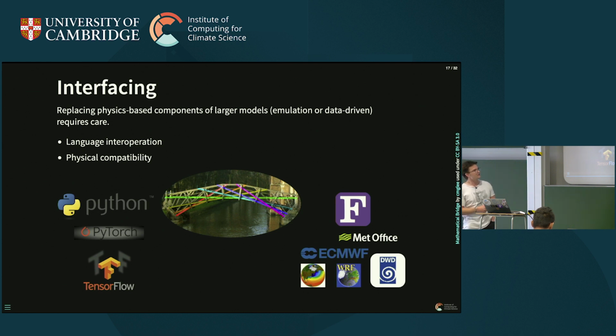So the Met Office UM, the IFS at ECMWF, ICON with DWD, WRF, CESM, these are all Fortran-based models. And so we've now got the problem of how do we connect all of this stuff we've written in Python with something in Fortran. And this is not a trivial problem for many people, especially domain scientists specializing elsewhere.